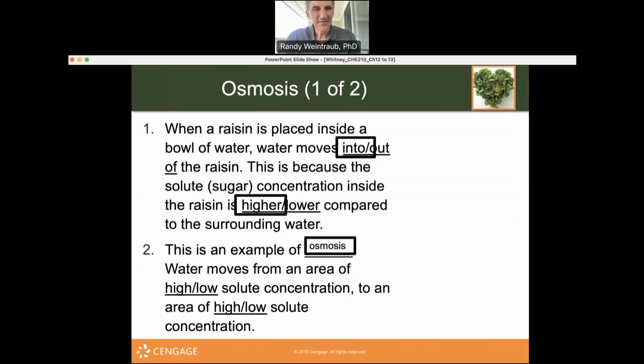It's an example of osmosis, of course, where water moves from an area of low solute concentration to an area of high solute concentration, as we said, to try to reach equilibrium.